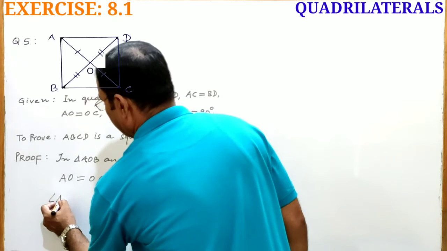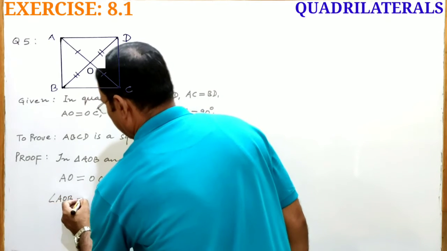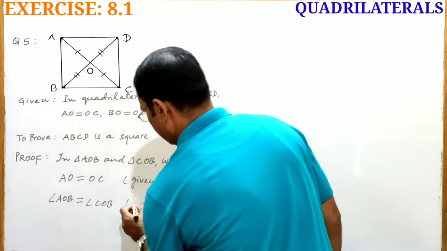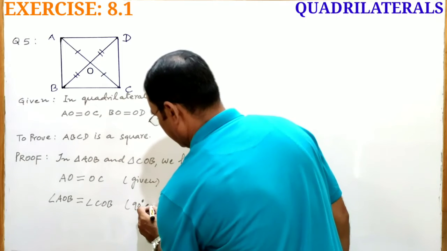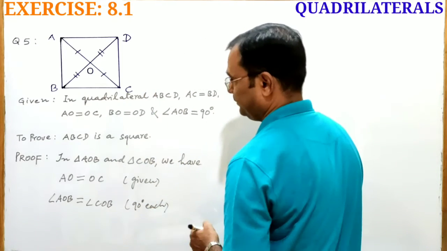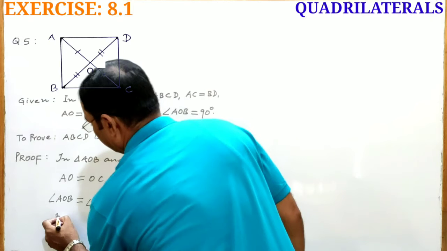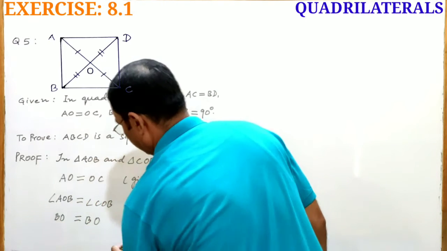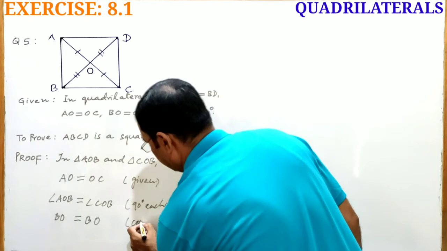Angle AOB is equal to angle COB, 90 degrees each, it is also given. BO is equal to BO, common side.